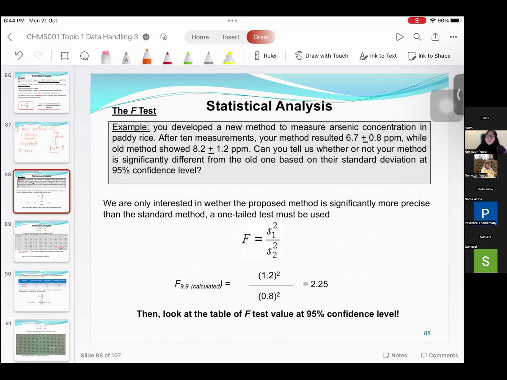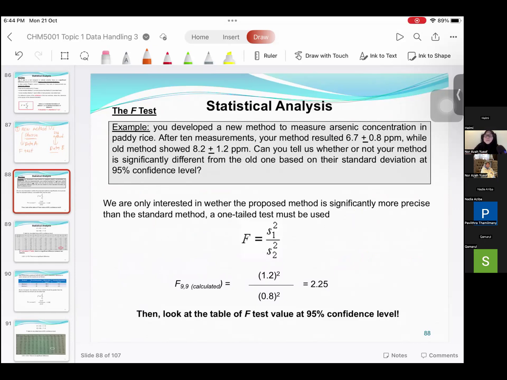The F test is to look at the precision. Remember the word precision just now? We look at how precise the data from our new method is versus the data from the standard method. When I say standard method, it means an established method that people have been using, in the reference book, for example.